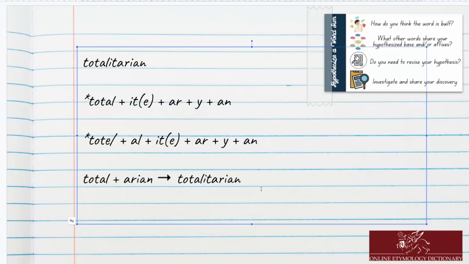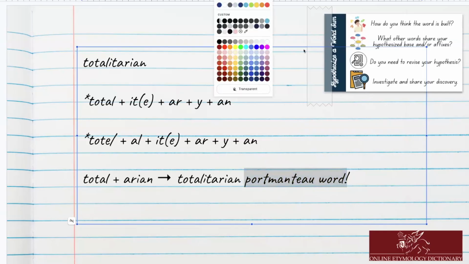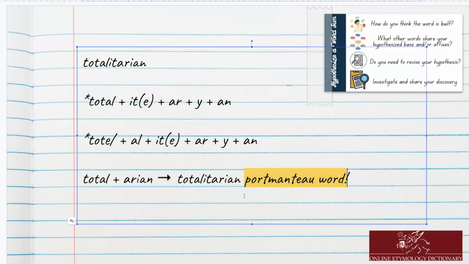So we look at total, but when you actually are adding those suffixes, there's that shift in pronunciation. I love it. I just thought that was cool. That is a super cool word. Yeah. I'm going to highlight that. Okay, so there you go.